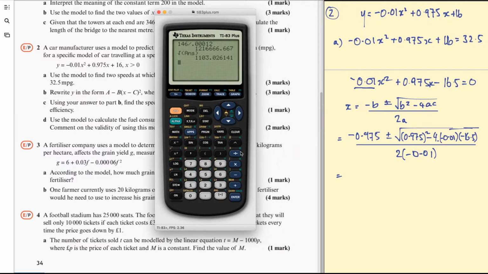Calculators are our best friends. I might simplify that first just so it's easier to put into a calculator.